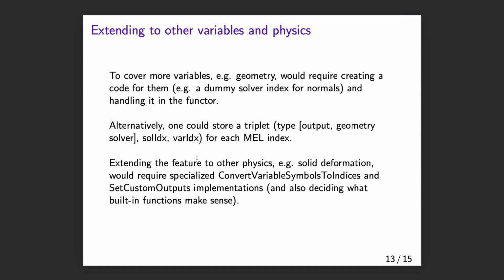Extending for other physics like solid deformation would require specializing the conversion of the variable symbols to indices, and also specializing the function that is computing the outputs by looping over the markers. Because if you're looking at other physics, you probably also want to decide what built-in functions make sense for that. So you probably don't want to do a mass flow average on a solid deformation problem.